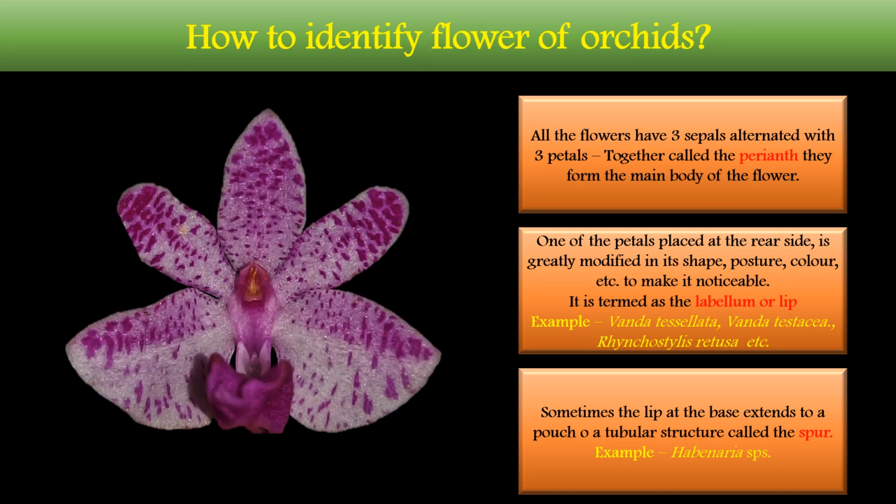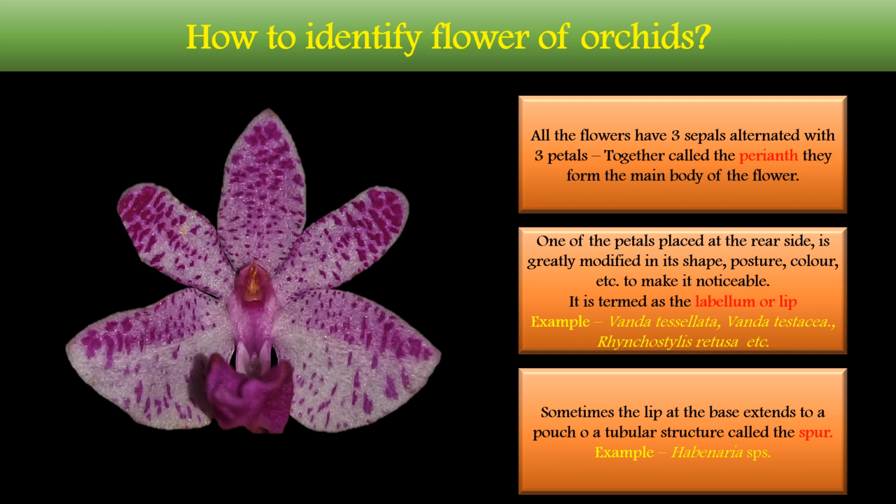Now we will talk about how to identify orchid flowers. I told in the earlier slide that the flower can be distinguished by three sepals and two petals. Together it is known as the perianth, the main body of the orchid flower.